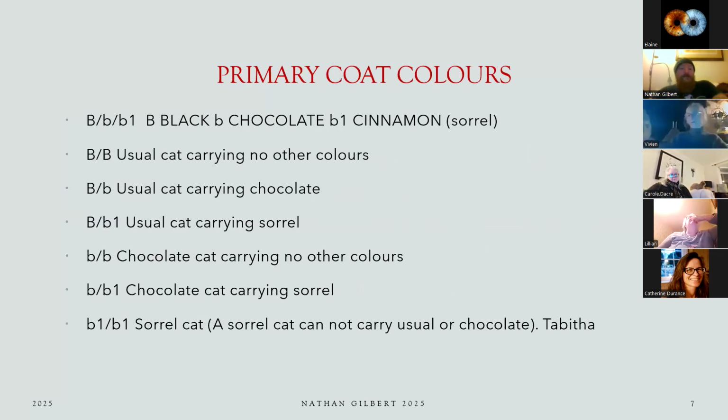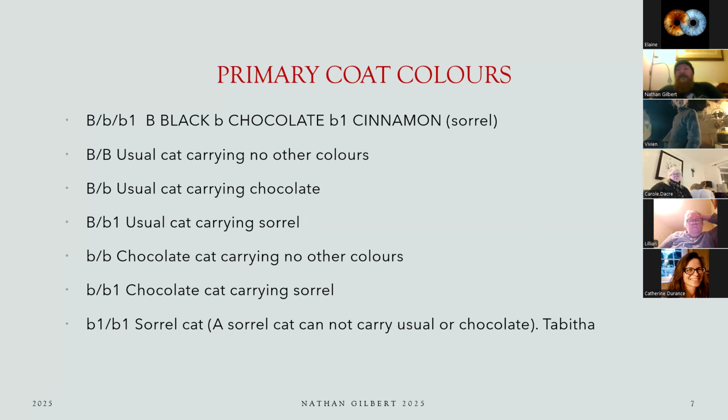Primary coat colors. So all of our small cats, all domesticated cats, have 3 primary coat colors. Black, which in our breeds is usual or ruddy tick tabby, chocolate, and cinnamon.